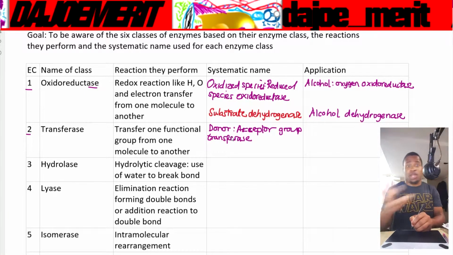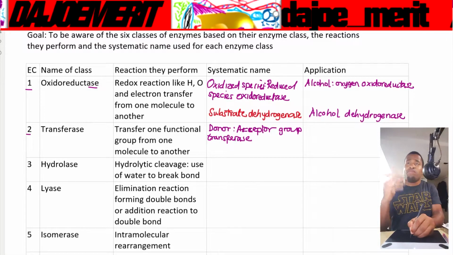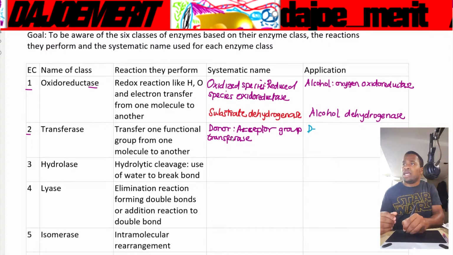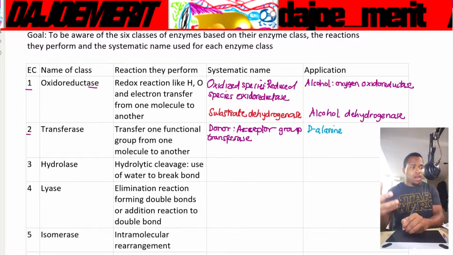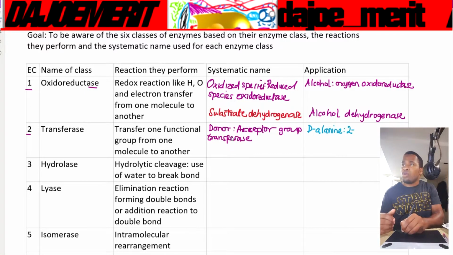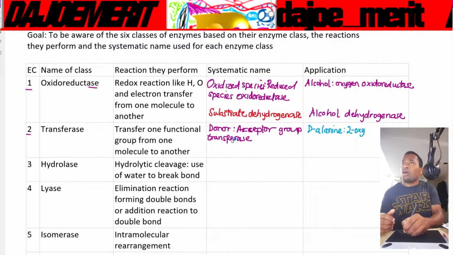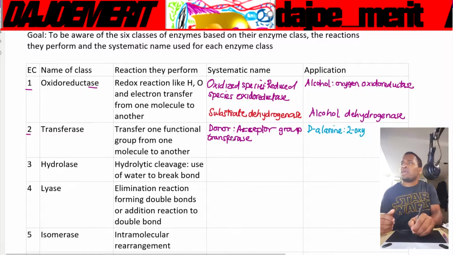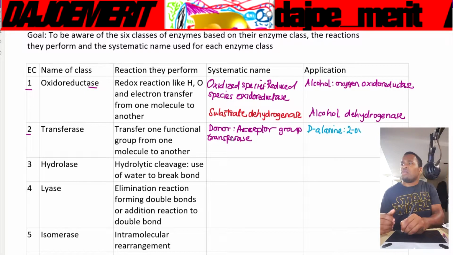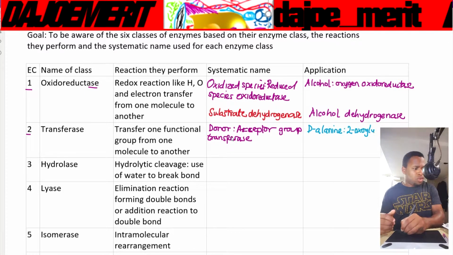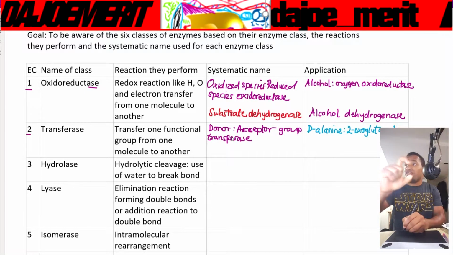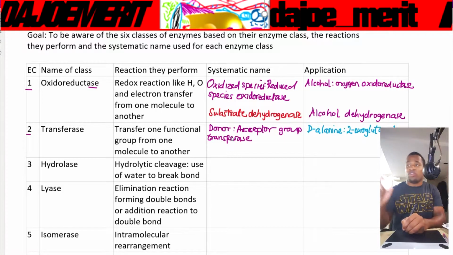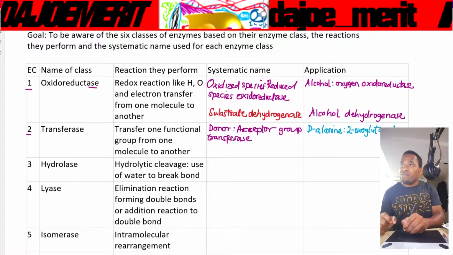So if we go to an application of this, we have an amino acid called D-alanine, and this is the donor, and we have our acceptor, which is 2-oxoglutarate, and the group that is transferred from the D-alanine to the 2-oxoglutarate is called the amino group.